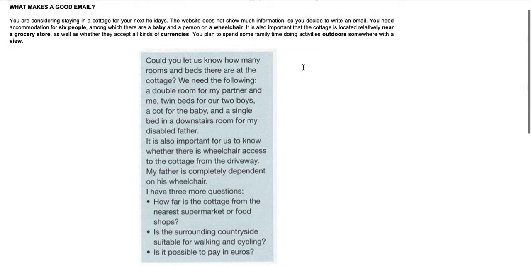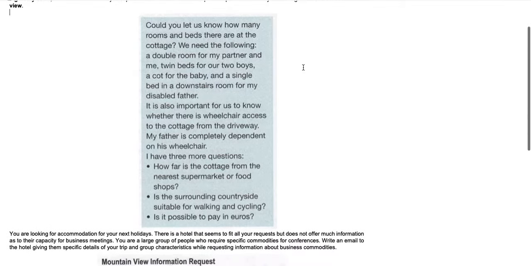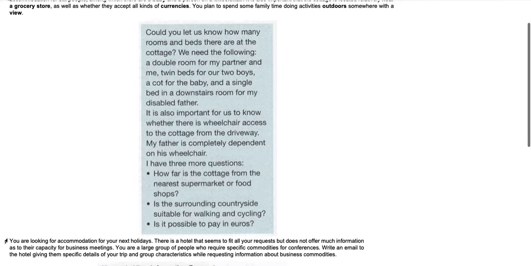Now let's see a second example. In the second example we have here below, you are looking for accommodation for your next holidays. There is a hotel that seems to fit all your requests, but does not offer much information as to their capacity for business meetings. You are a large group of people who require specific commodities for conferences.